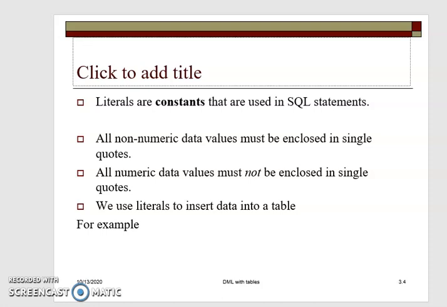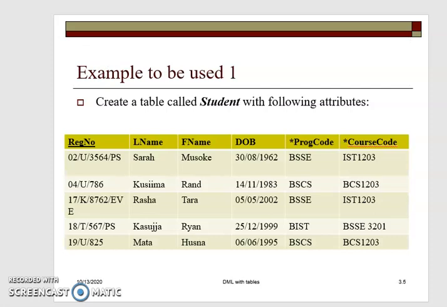For example, you can say insert into a table called student, and in brackets you say you're going to insert the first name, the last name, the date of birth, etc. Now here we have example 1, which we are going to use. This is a table called student with all the different attributes and the values within it.